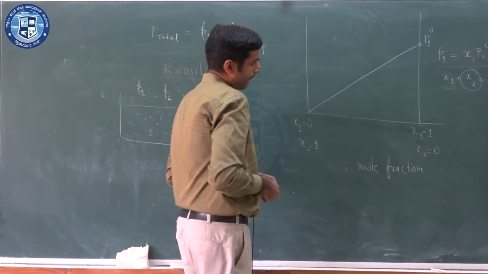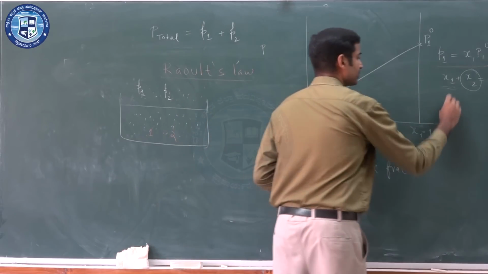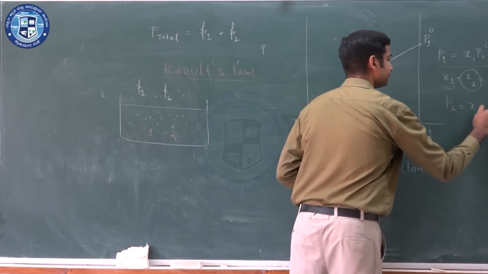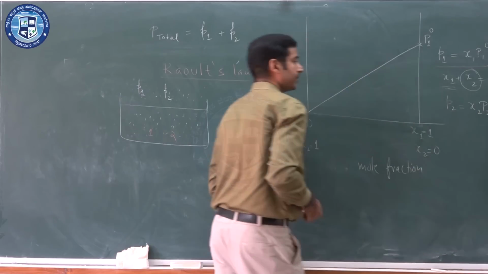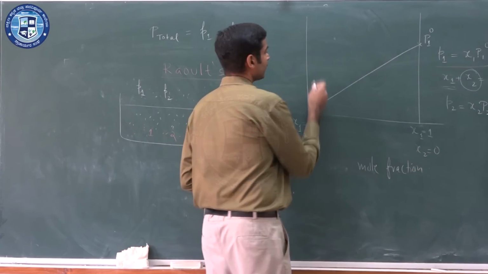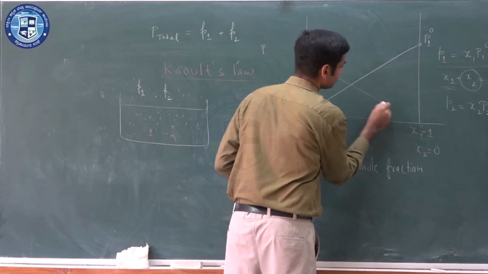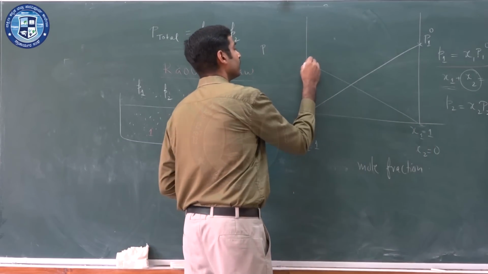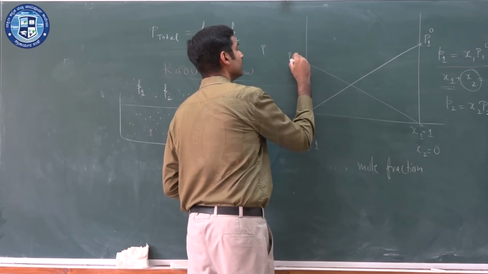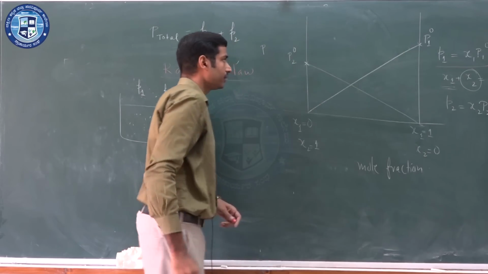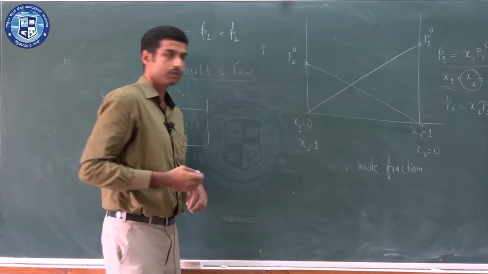And therefore, with respect to this particular equation, I should get a straight line. Let this straight line be something like this, and the point on the y axis now will be the vapor pressure of the pure component P20.